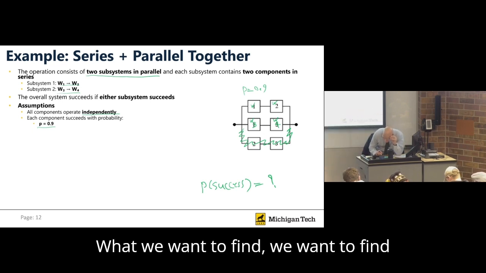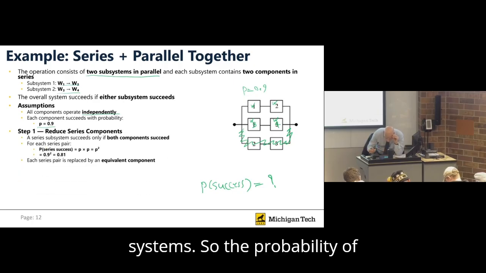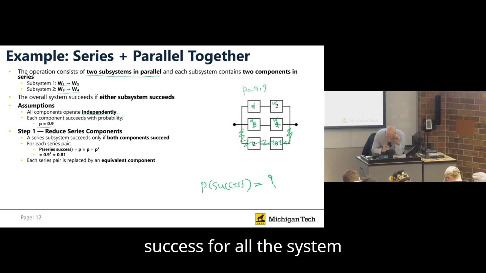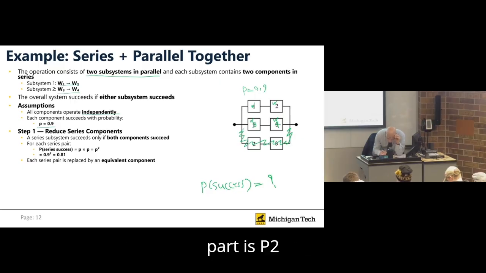We want to find the probability of success for the whole system. The probability of success for the serial part is P squared, based on what we mentioned.